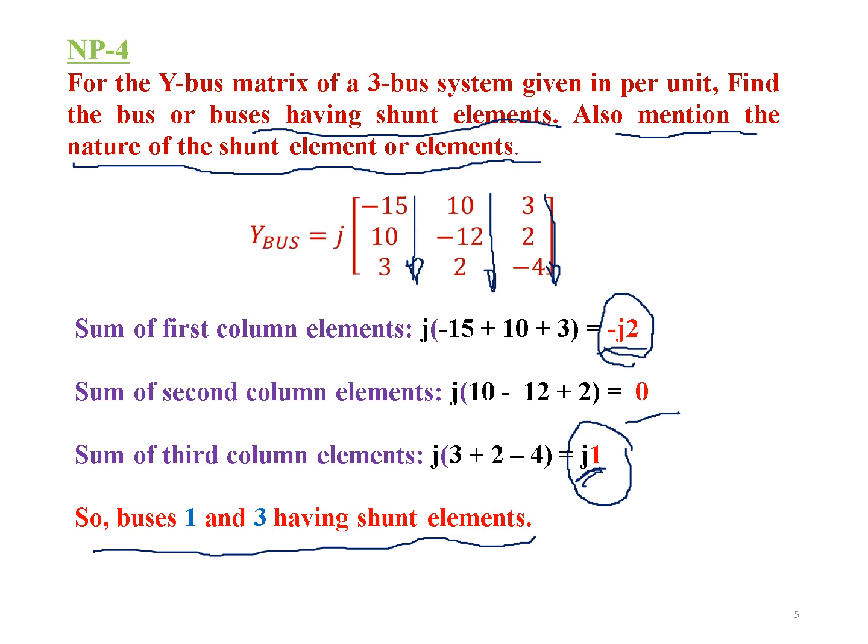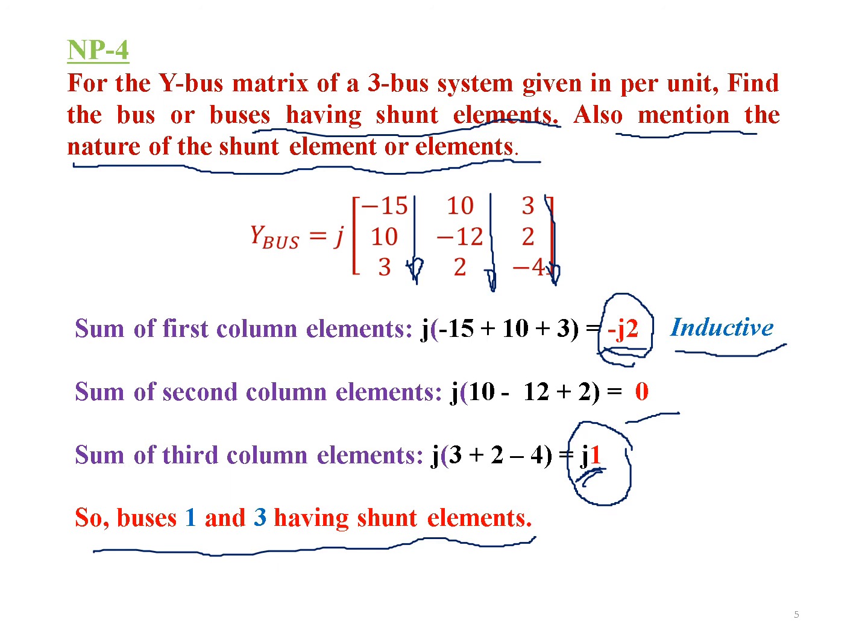So by observing whether this non-zero value is negative or positive, we can comment on the type of shunt element, inductive or capacitive. If the non-zero value has a negative sign, then definitely that shunt element is inductive. Why is it inductive?